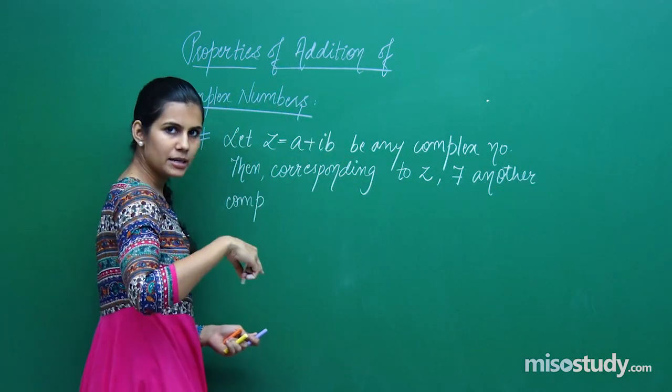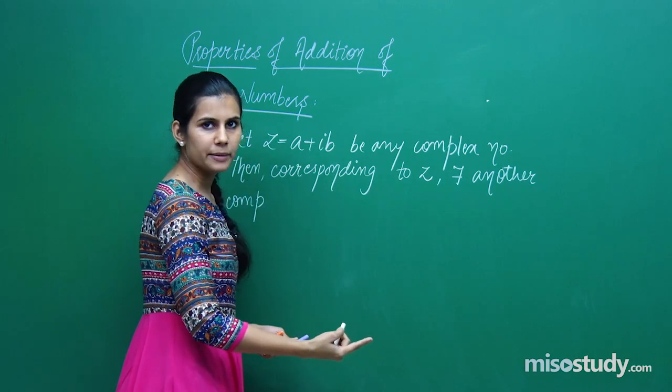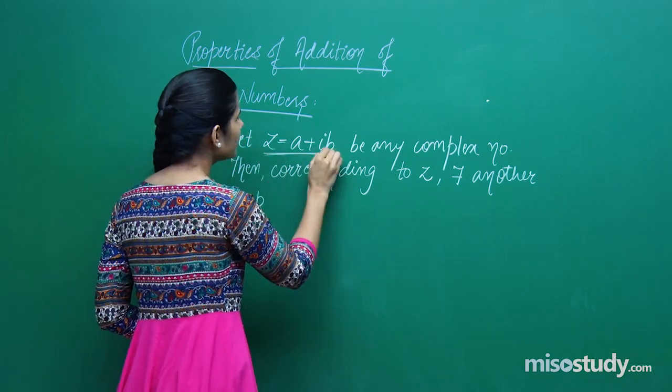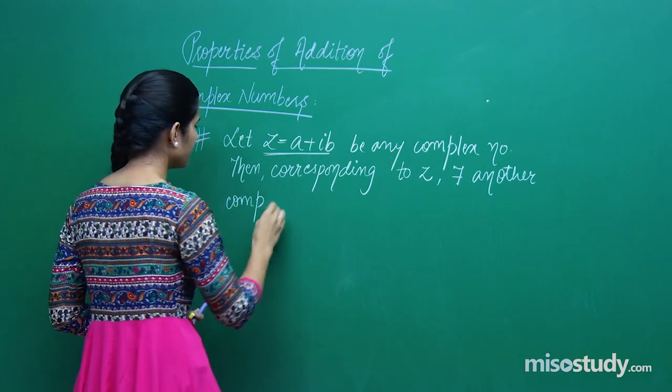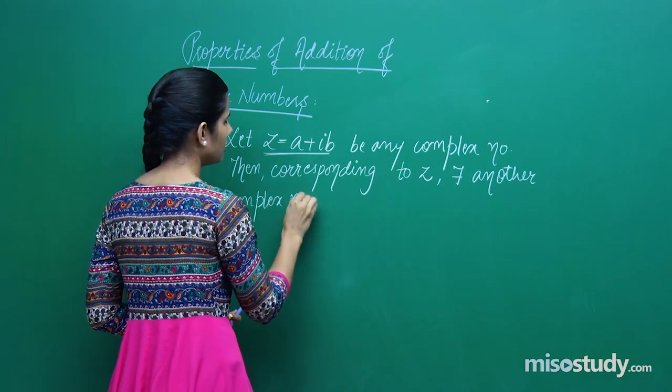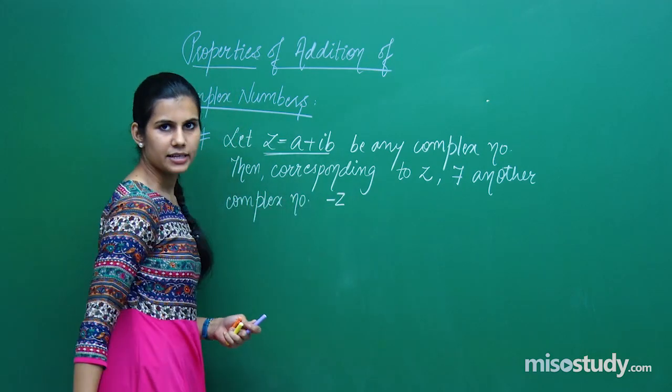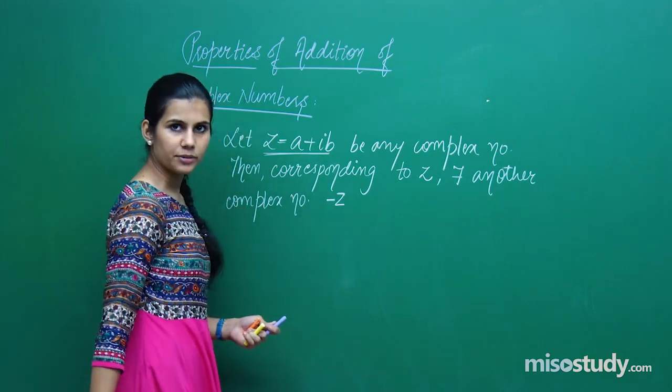So, each complex number gives rise to one new complex number. If z is one complex number, it is giving rise to this new complex number known as minus z. So, this is just the representation.